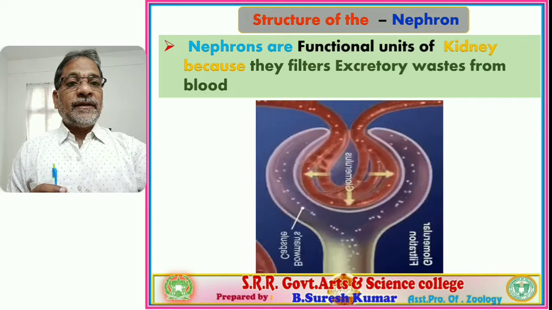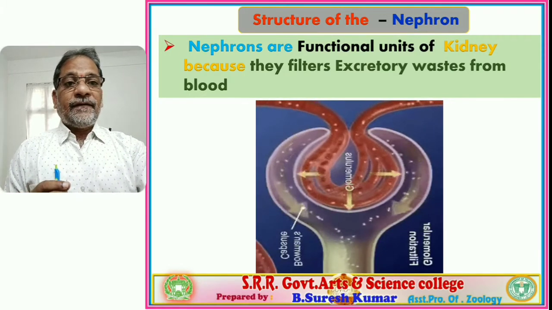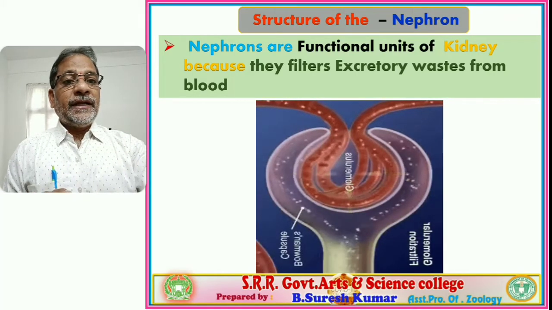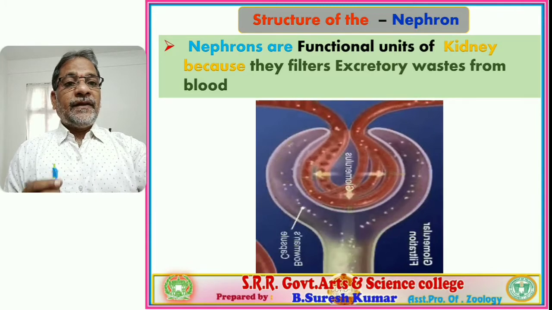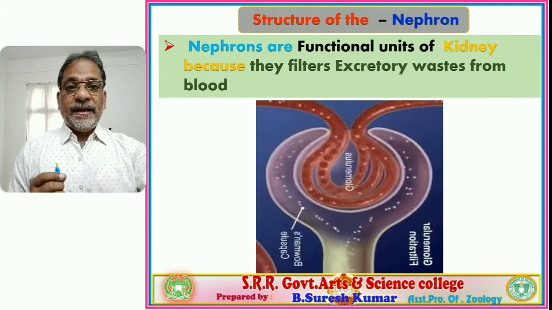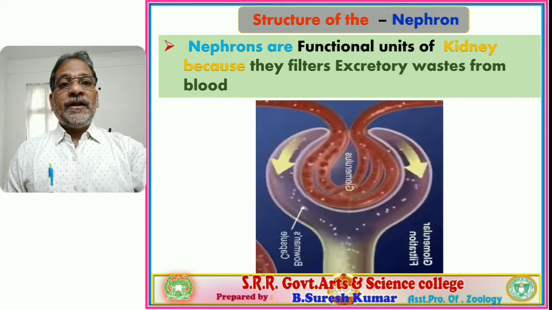Observe this visual representation: in what way the blood enters the nephron, is filtered, and the urine is separated. That entire phenomenon is filtration, and it is mediated by the nephron. That's why the nephrons are considered functional units.